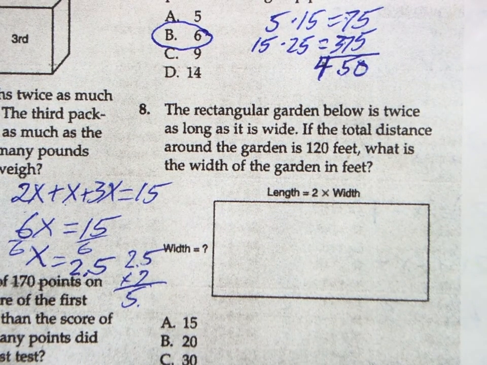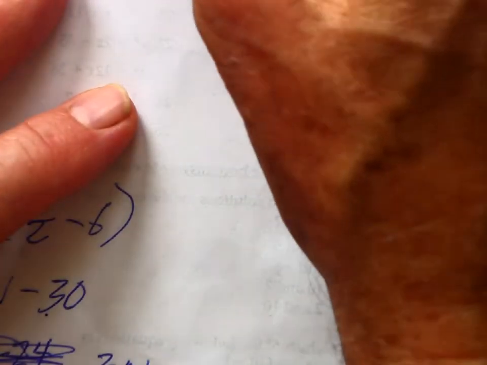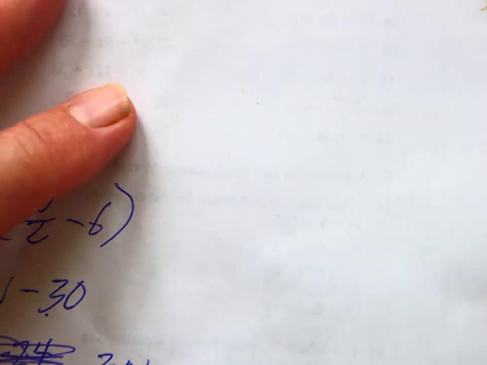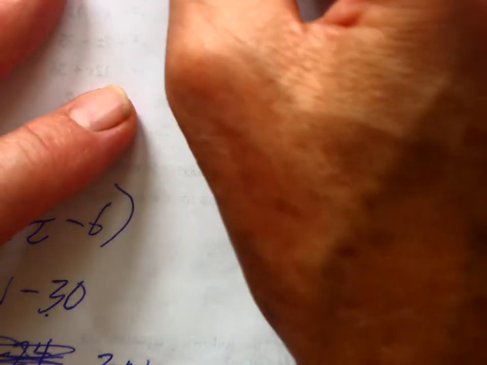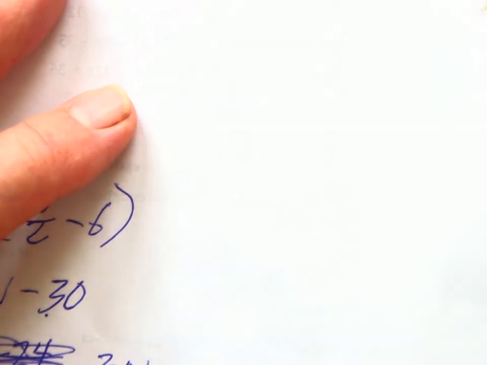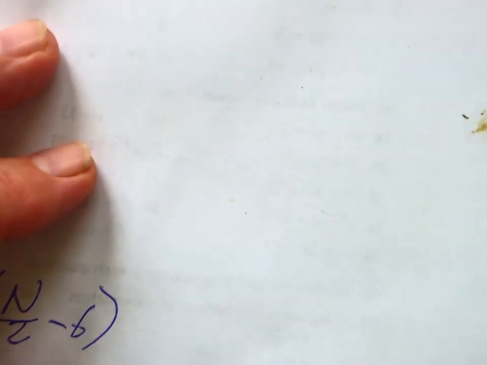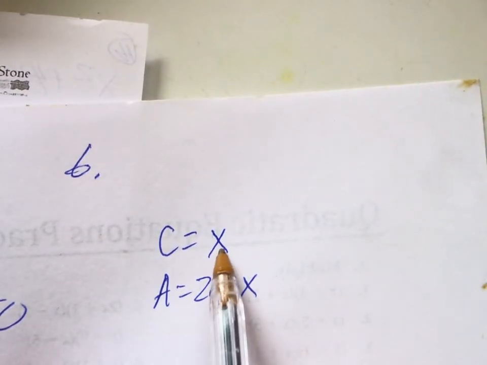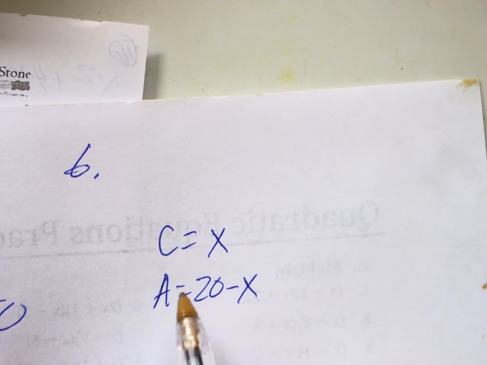How would you do it in algebra? Well, I'll do it over here. I'm going to get X children's tickets, right? An adult will be 20 minus X because there's 20 tickets altogether. I'm going to buy X children tickets and 20 minus X adults.